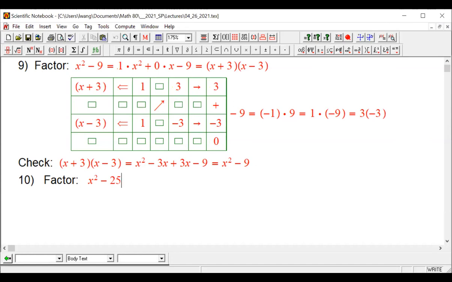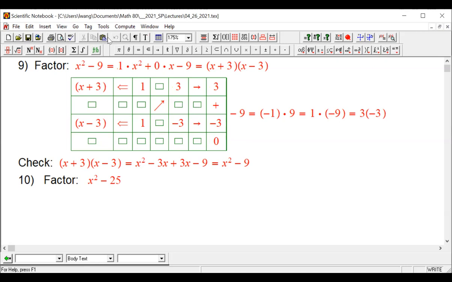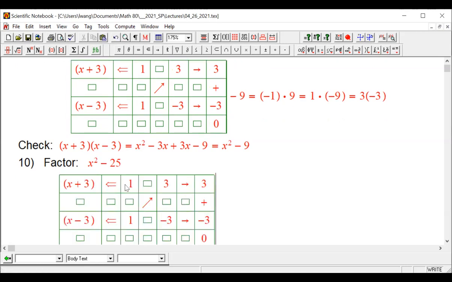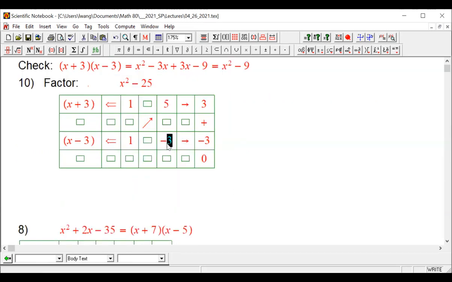Perfect. Okay. Yes, it's very similar to what we just did. And this time you will make that match. Well, of course, we're matching 0. So this is 5, and that's a -5.